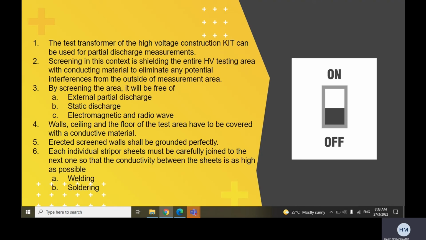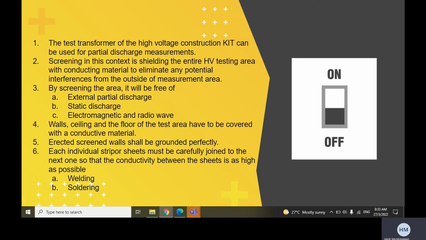The transformer of the high voltage construction kit can be used for partial discharge measurement. Screening in this context means shielding the entire HV area with conducting material to eliminate any potential interference from outside of the measurement area.